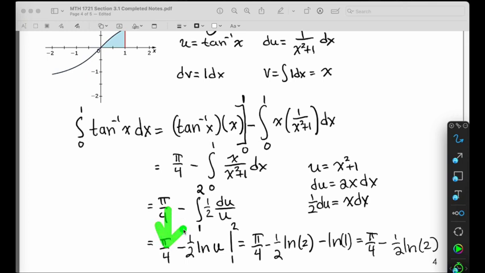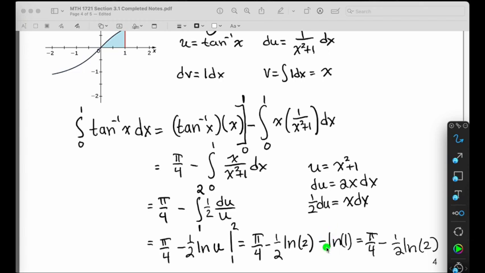Again, keep bringing down that pi over 4. When I integrate this, I get 1/2 natural log of u, and I have to evaluate this from 1 to 2. So when I plug in 2, I get 1/2 ln 2 minus 1/2 ln 1.